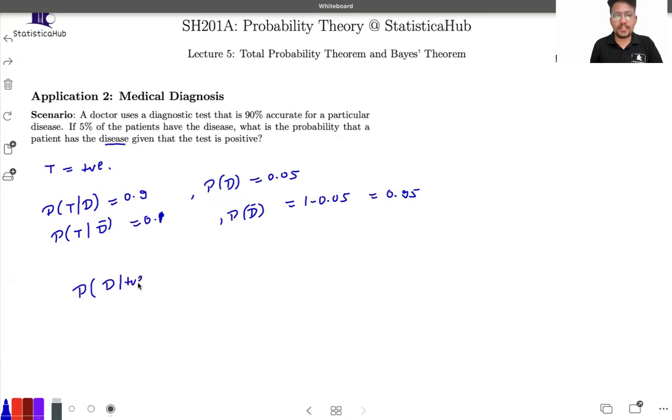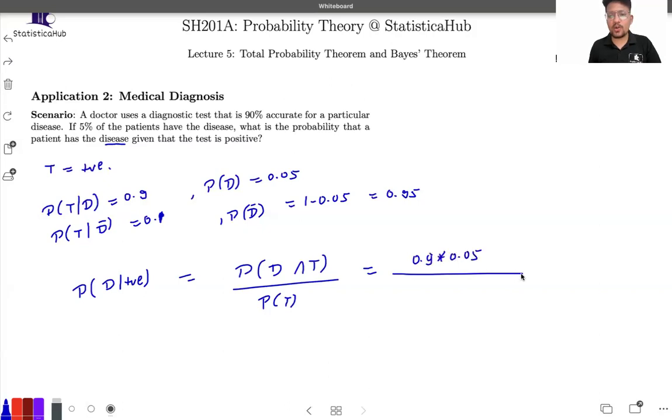That is the probability of disease and positive test, divided by the probability of T. So this will be 0.9 into 0.05 over 0.9 into 0.05 plus the second case, 0.1 into 0.95.